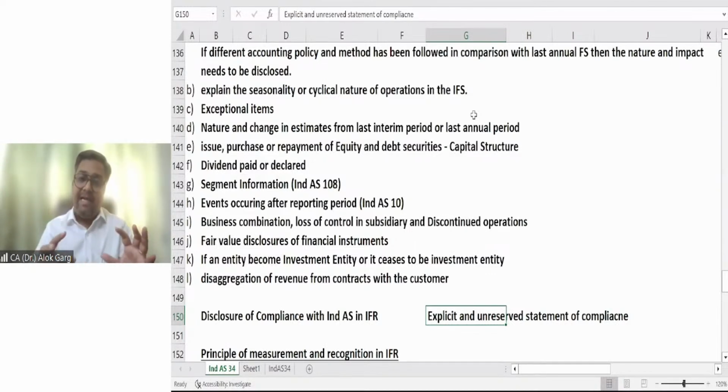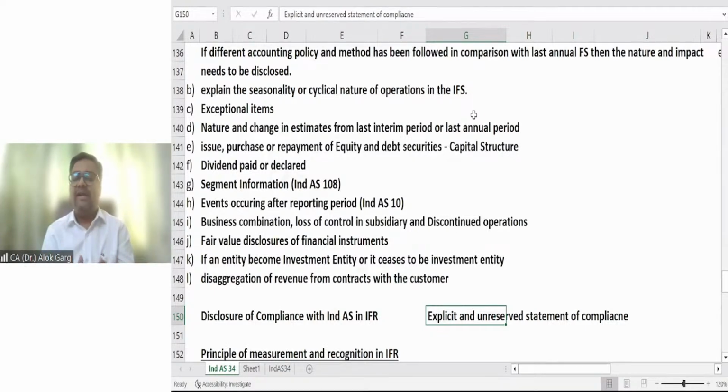The same compliance is required to be given in the interim financial statement also. So the interim financial statement is as good as your annual financial statement. The only thing is it is for a smaller period of the year, not for the full year, but it is again your financial statement on which your shareholders are relying.